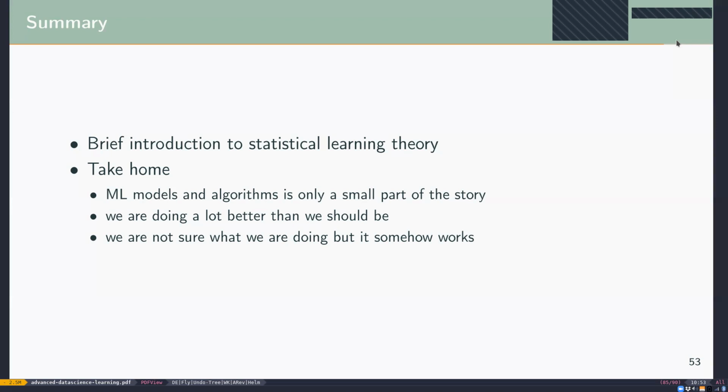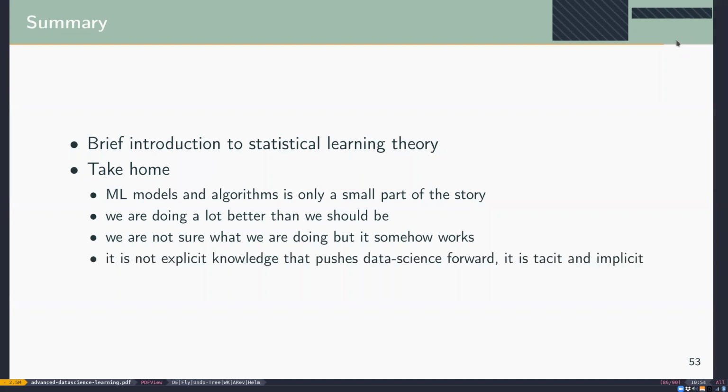So stay critical, that's the key. And there is a theory for learning. The theory is not at all as good as what we're apparently doing. So there's lots of work needing to be done. If you're keen on theory, on PAC learning and things like that, there's lots of work to be done.